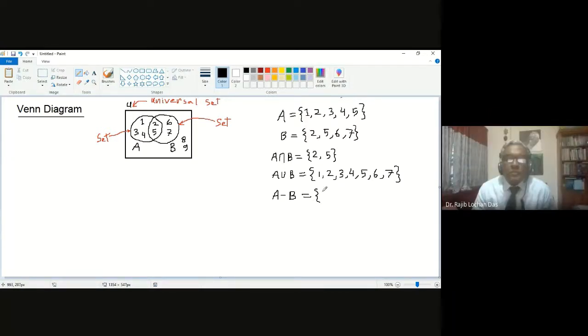So 1, 3, 4 is correct. Do you use the Venn diagram or do you use the set? I mean, try to understand the Venn diagram. So which area is A minus B? This is the area. The blue color is the A minus B area. Do you understand that? Is that okay?